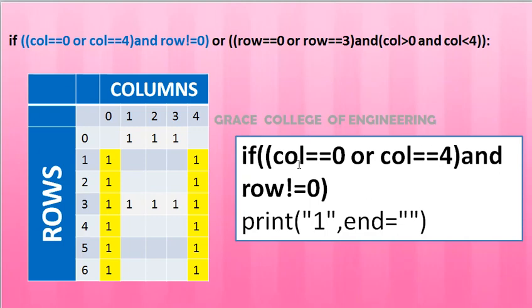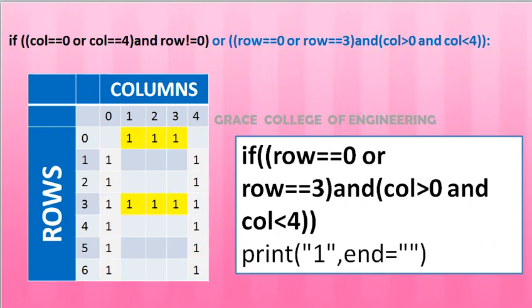So I am mentioning column equal to 0, in the 0th column I need 1, or column equal to 4, in the 4th column also I need 1 to be printed, and row not equal to 0. In the 0th row I do not need that 1 to be printed. That I want to mention. Then, if this condition is true, print 1 and end with a space.